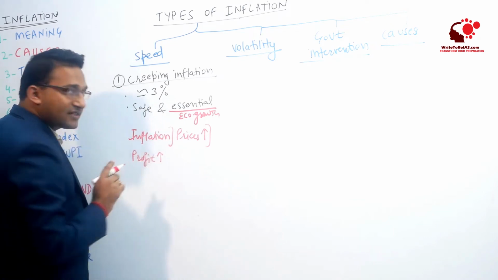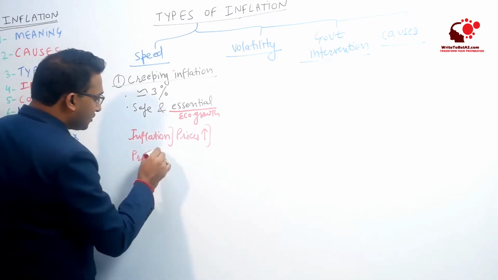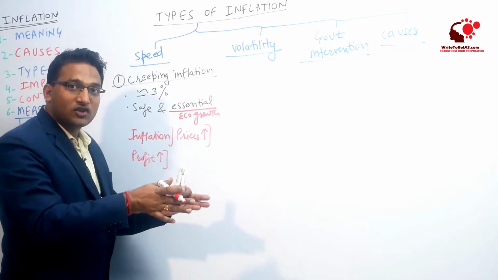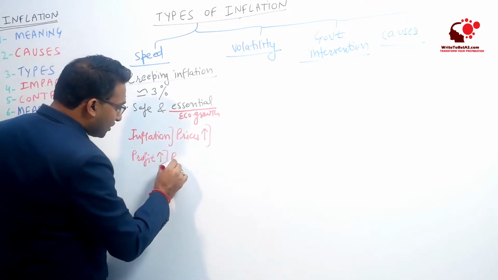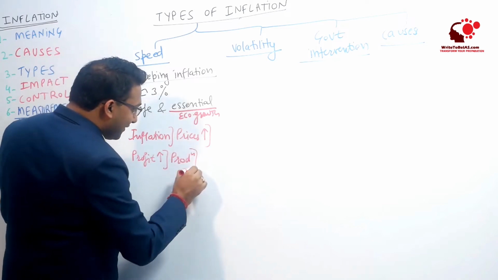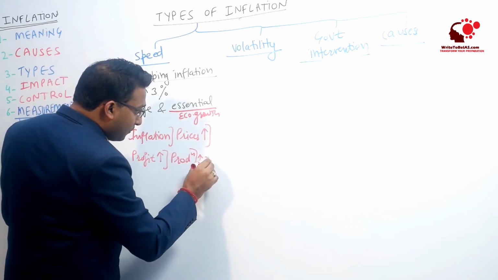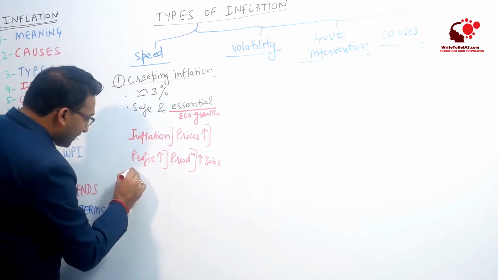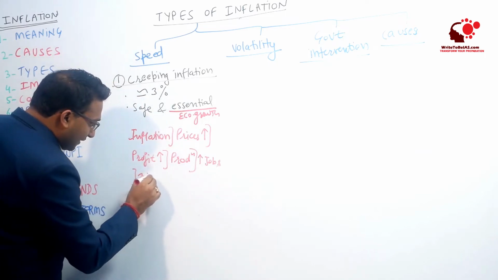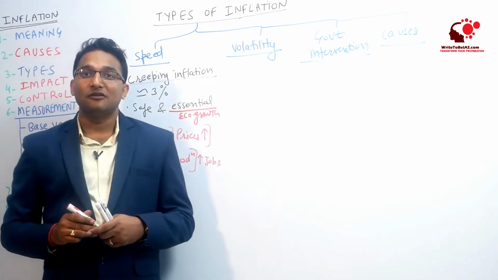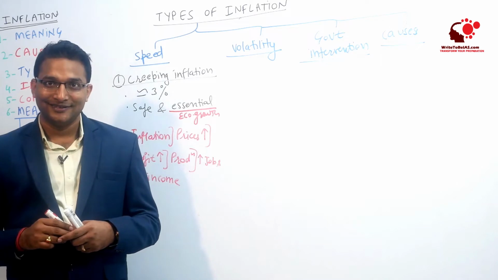When profits increase, they reinvest that profit into further production. So production increases, then jobs increase. The people get more employment. And when jobs increase, the income of the people increases. And when income of the people increases, it is nothing but economic growth.